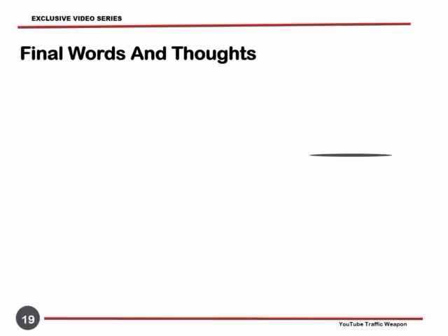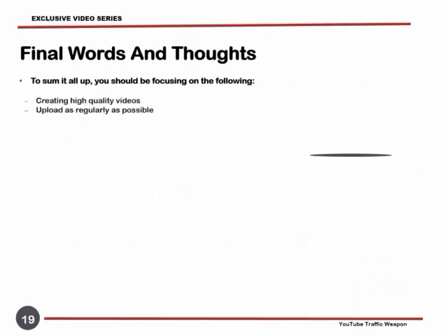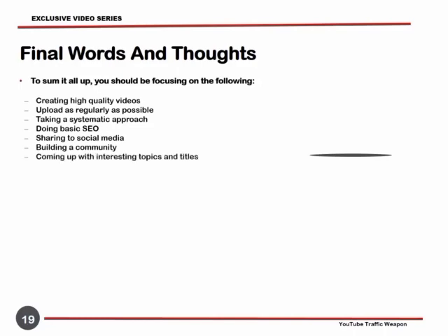To sum it all up, you should be focusing on the following: creating high-quality videos, uploading as regularly as possible, taking a systematic approach, doing basic SEO, sharing to social media, building a community, coming up with interesting topics and titles, networking, and forming partnerships.